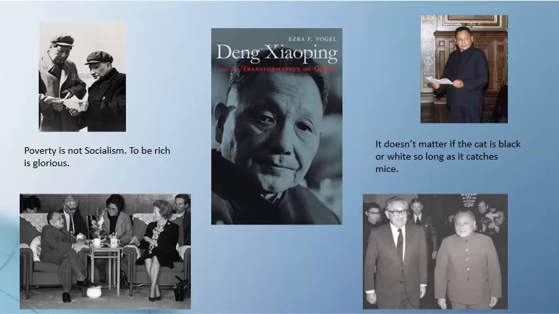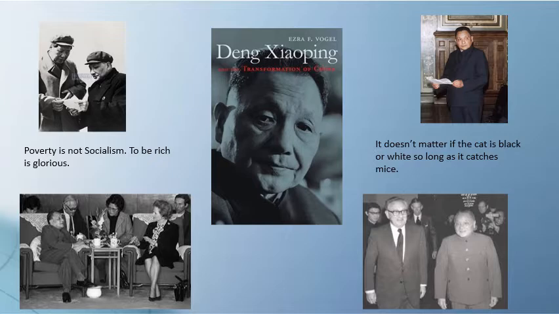So with Mao's death, Deng Xiaoping takes power, and he was a reformist and began making quite market-based reforms. And two of his famous quotes are, "Poverty is not socialism, right? To be rich is glorious." So very different to the ideological purity and extremism of Mao, especially in his late years.